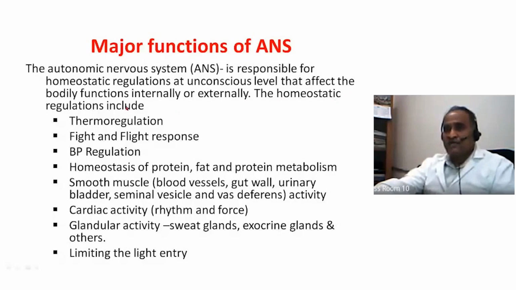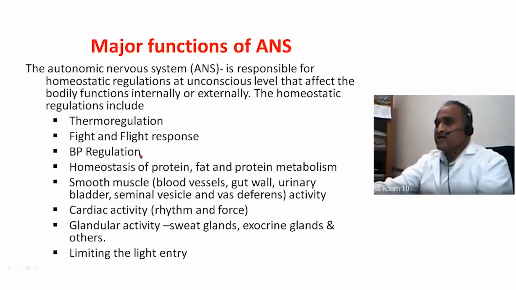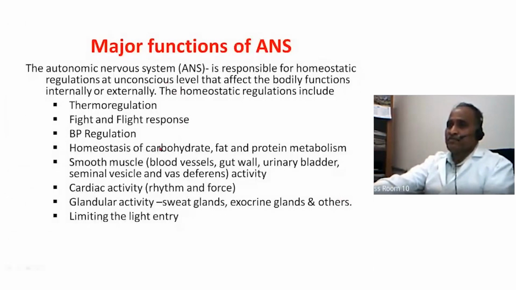The homeostatic regulations include, first, thermoregulation; the fight and flight response, that is, a response to emergency calls; blood pressure regulation; and carbohydrate, protein, and fat metabolism. That means homeostatic regulation of metabolism in general, especially carbohydrates; glucose metabolism is greatly affected.